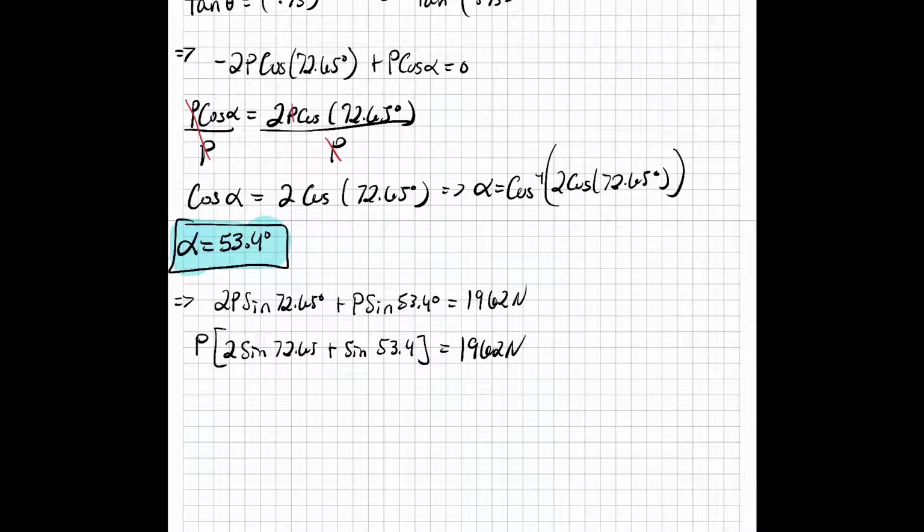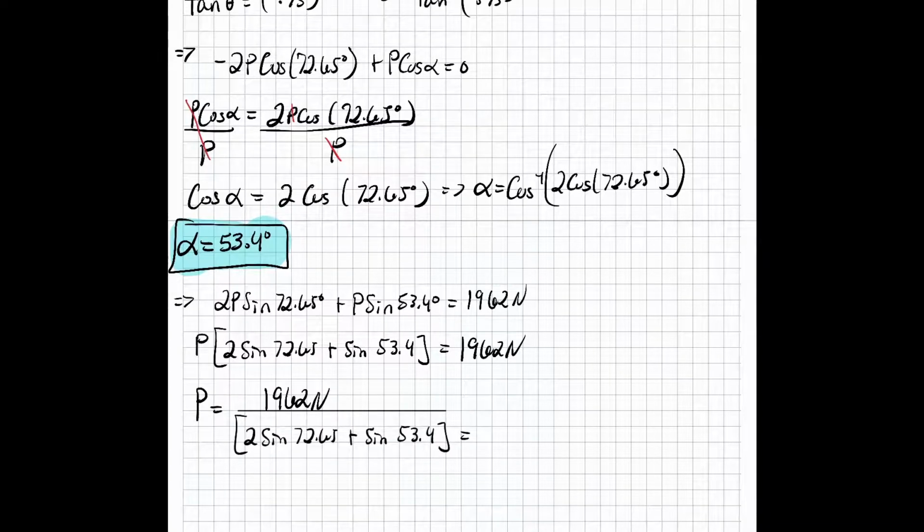Now to solve for p, we just divide by all that big portion right here. So we have p is equal to 1962 newtons all over that division.